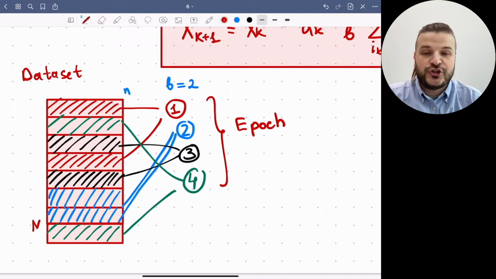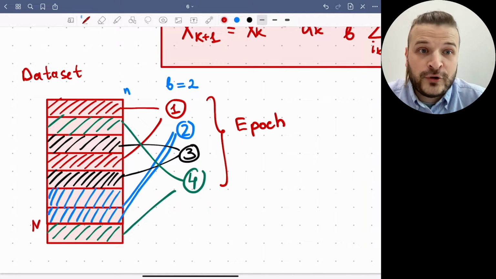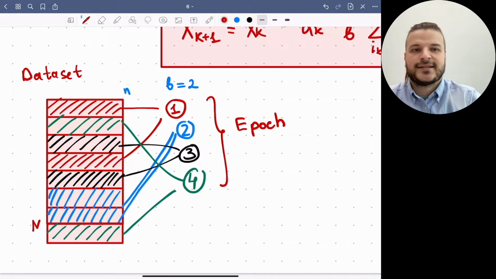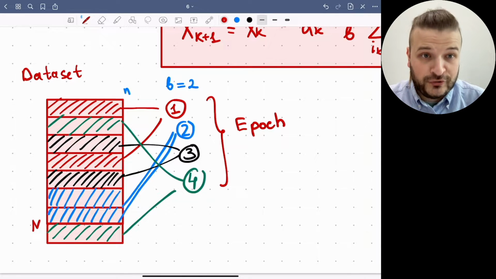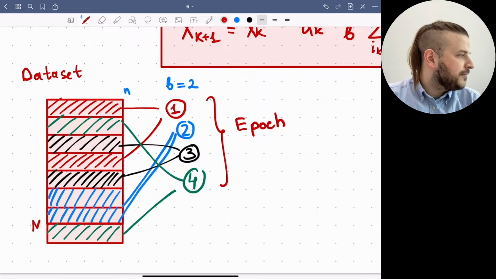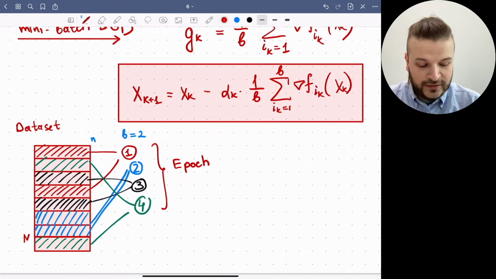After we finish these 4 iterations, we'll go to the next 4 iterations and next and next, etc. That's just a question of notation. In fact, the term epoch is not really connected to the inner nature of the algorithm.